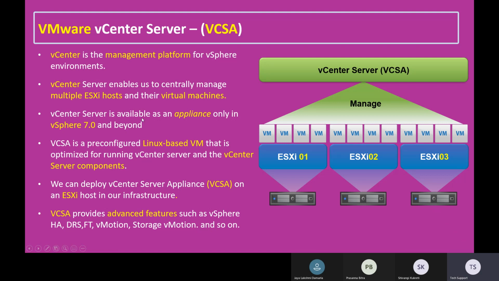And vCenter Server is available as an appliance only. Here, an appliance is nothing but a pre-configured virtual machine. Pre-configured virtual machine means that once we download the appliance from the VMware website, we do not need to install any OS. This appliance itself has an operating system. Suppose with Windows 2022, how did we do it?